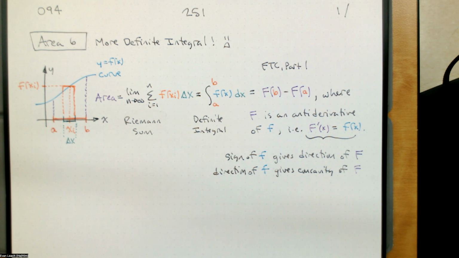Sign of the derivative tells you about the direction of the function. In this case, the curve that we're looking at is the derivative. Sign of this derivative tells you about the direction of the function.